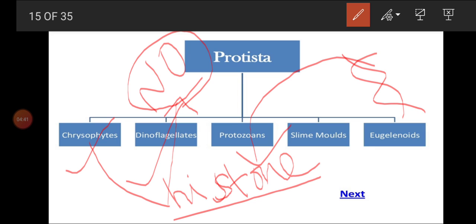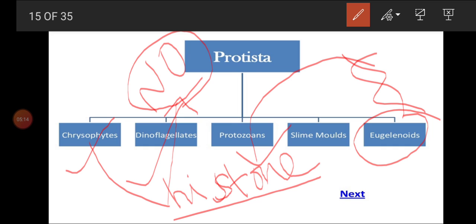Though both are eukaryotes, both are single-celled, and both are algae, chrysophytes contain histone proteins in their chromosomes, but dinoflagellates don't have histone protein. That's why it was kept under a separate category. I think now we are clear about why they have been kept separately, not in the same category. Clear, children?